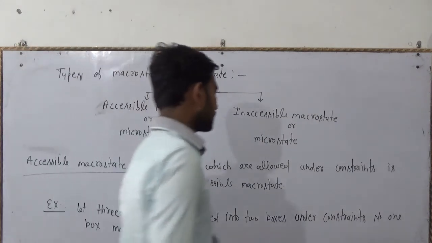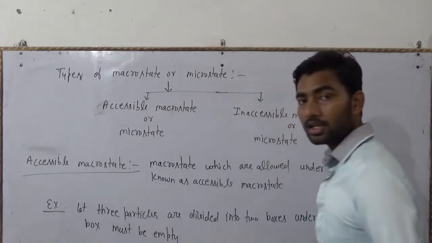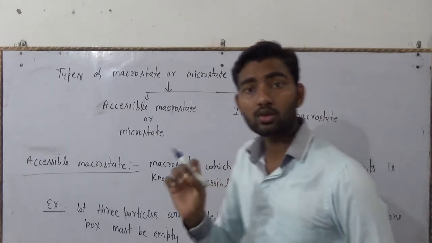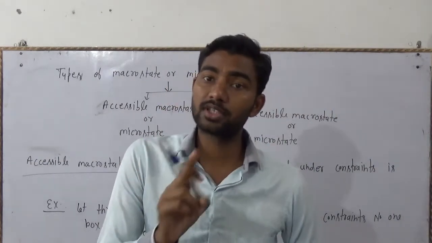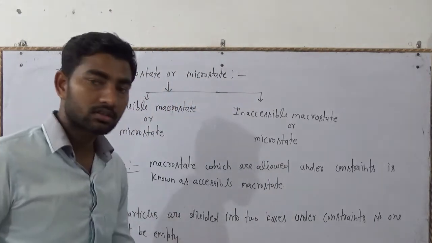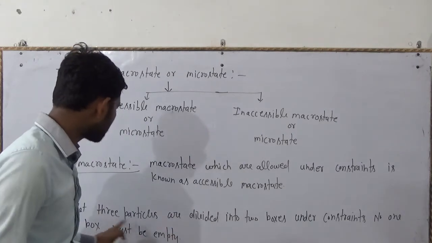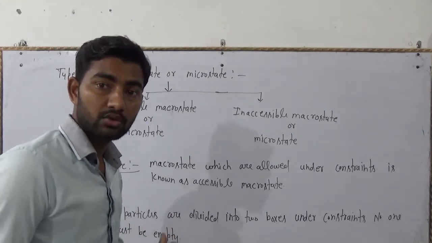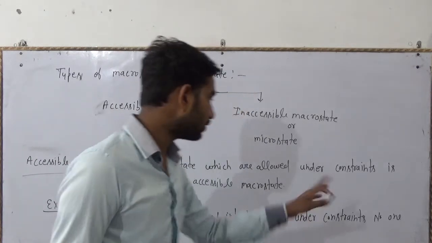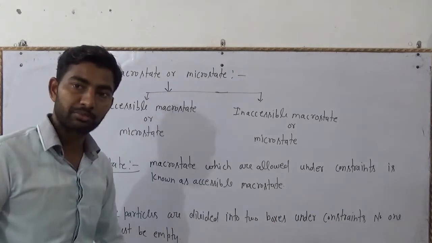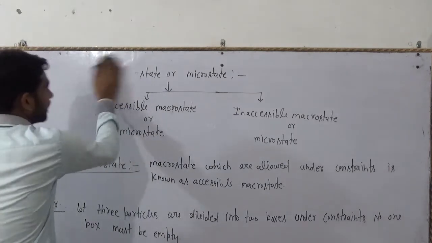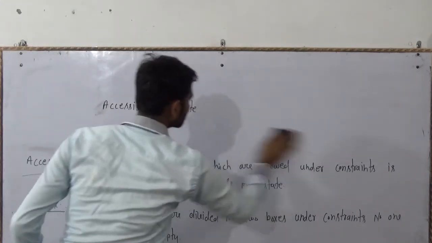Friends, here the constraint condition is given: no one box must be empty. Here we are dividing three particles into two boxes under this constraint, so the allowed microstates will be those under this constraint condition.